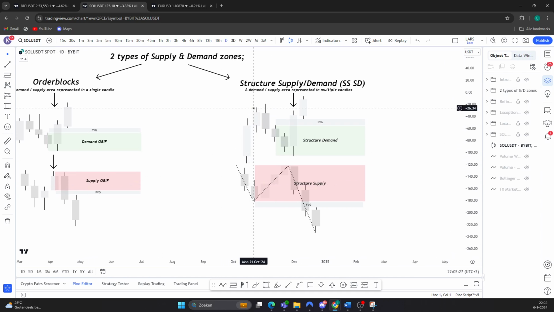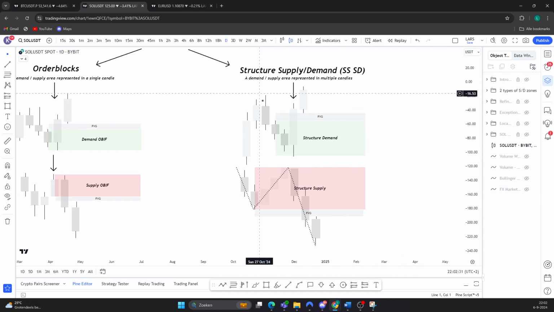So what you can see right here is that price is trending up, okay? We have a high, we have a low, we have a higher high. Right here, we can see that these last two downwards candles are grabbed from high all the way towards that expansion candle low and then dragged forward, also including the fair value gap. Also for structure supply and demand, we use the fair value gap rule, okay?